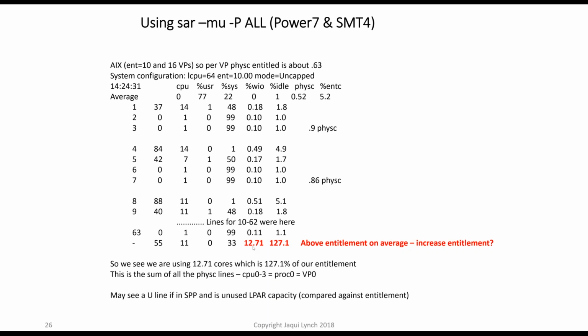And here you can see that the total on it, or the average, because there's an average line it puts down here, was 12.71 phys-C. And this here should be moved over to the left, I apologize. And basically I was at 127% of my entitlement throughout the whole period. So I would look to increase my entitlement. And sometimes you see a capital U line, and that is actually unused LPAR capacity. It just depends.